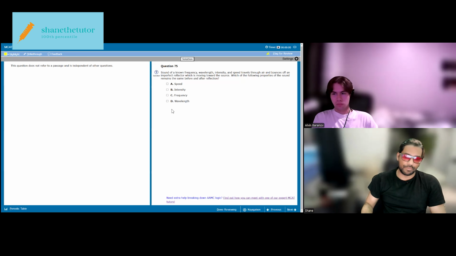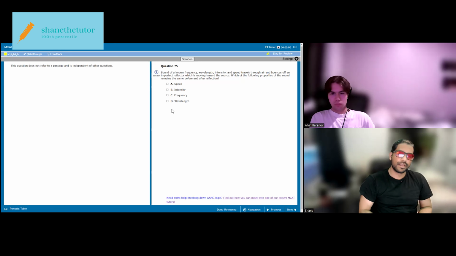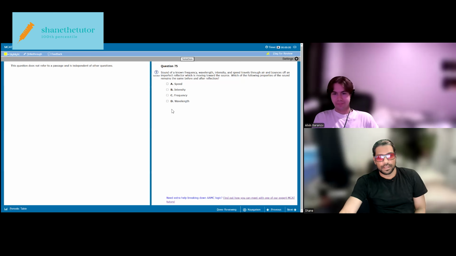Meaning if a wave is going this way, it'll push the medium perpendicularly, which is why you'll see a sine curve.